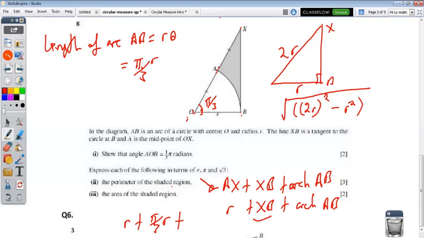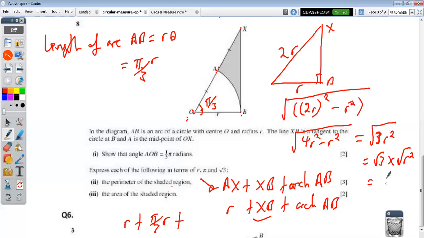Now, if we square this, we get 4r squared, minus r squared, square root. And that, if you subtract, gives you the square root of 3r squared. But this is as good as root 3 multiplied by the square root of r squared.